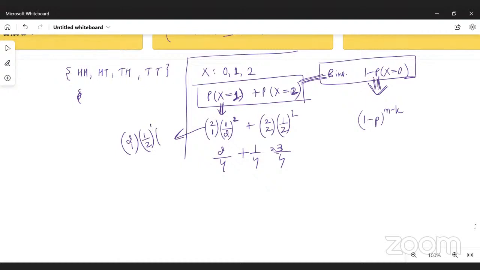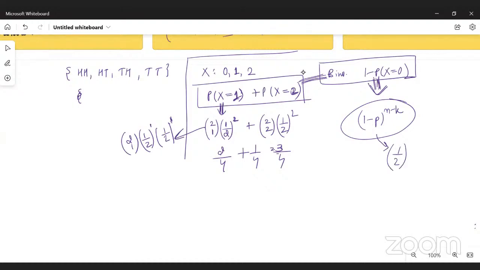And what is 1 minus p? It is again 1 upon 2. And 2 minus 1 is again 1. So it is going to be 1 by 2 whole square. Similarly here, 2 choose 2, 1 by 2 to the power 2 and 1 by 2 to the power 0. So this term is there. 1 minus p is again 1 upon 2 in this case.